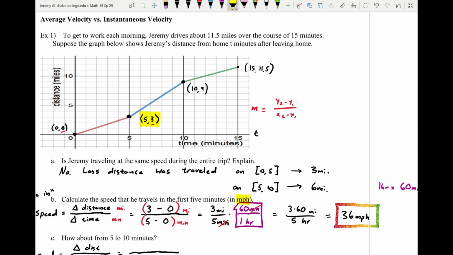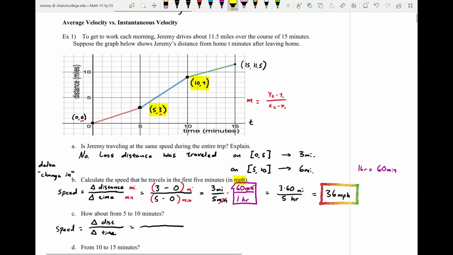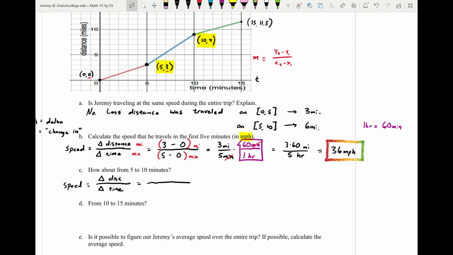All right, so (5, 3) and (10, 9). Okay, so we'll take the difference of the distance values. So final distance was 9 miles from home minus the initial distance, which was 3. Okay, and that will be in miles. And in the denominator, it's going to be the difference of the t coordinates, which is going to be 10 minus 5. And this is in minutes.